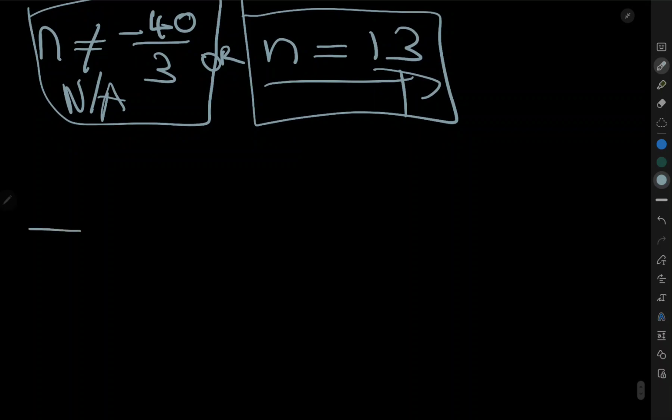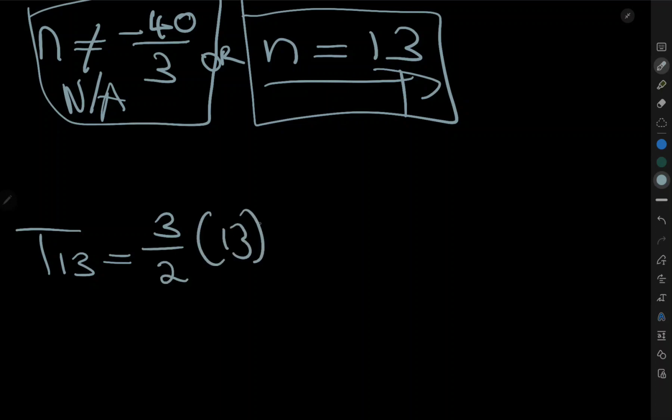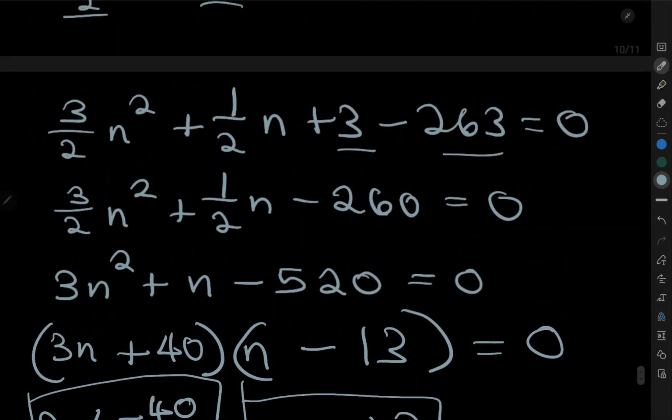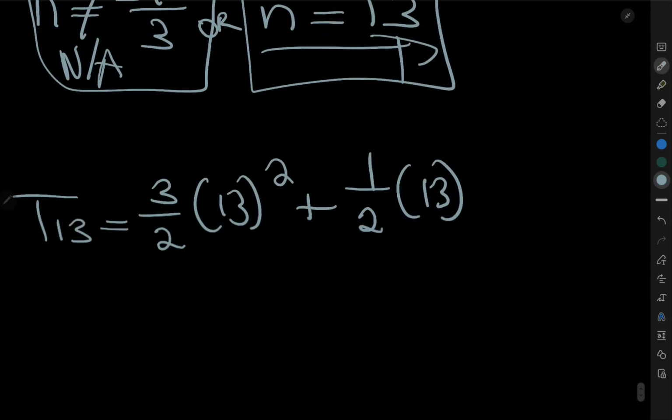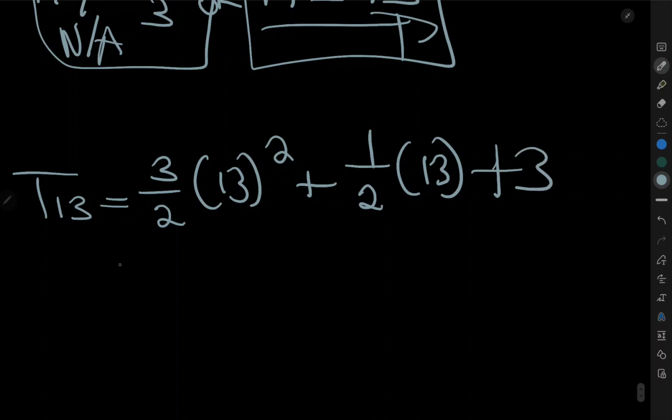So if you substitute 13 into the formula, here we have 3 over 2 times 13 squared plus half of 13, and the constant was plus 3. Do we get 263? Let's put that in our calculator, and we get 263.